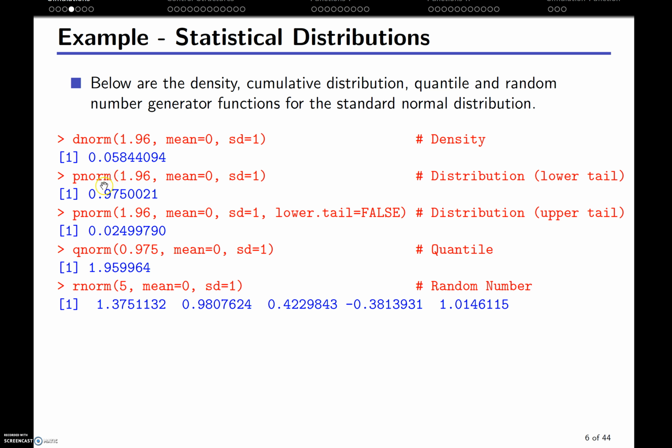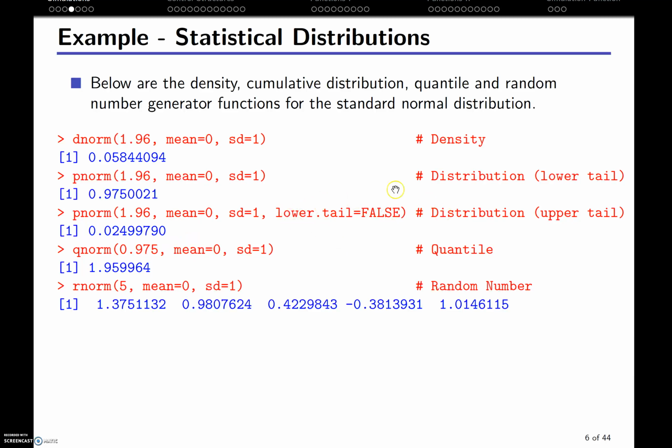Okay, P stands for probability, and specifically probability distribution function. So here this gives us the area to the left of 1.96. Notice how we know the area to the right of 1.96 is 0.025, and so the area to the left would have to be, by consequence of the area being 1 under the entire curve, 0.975.